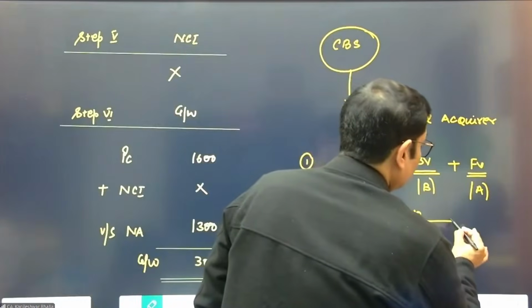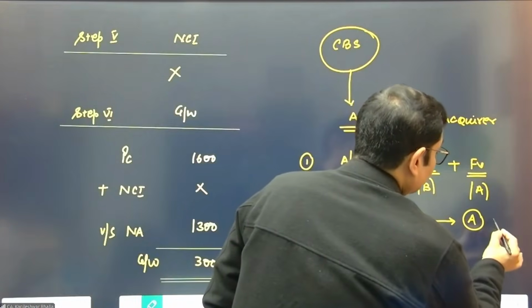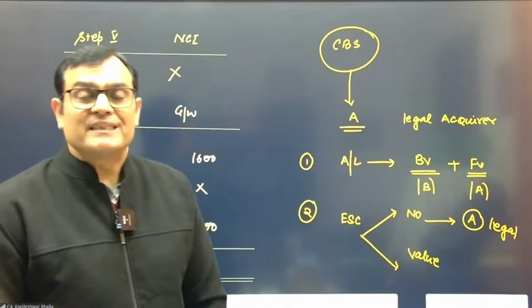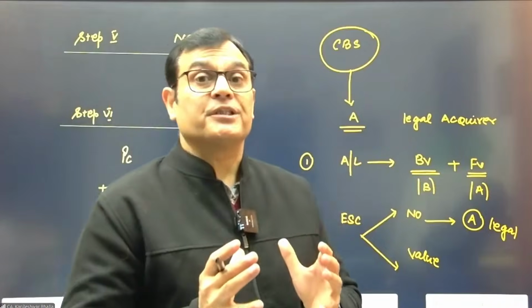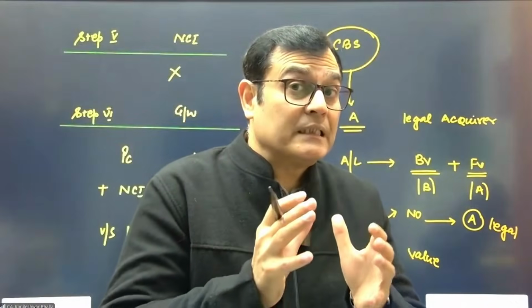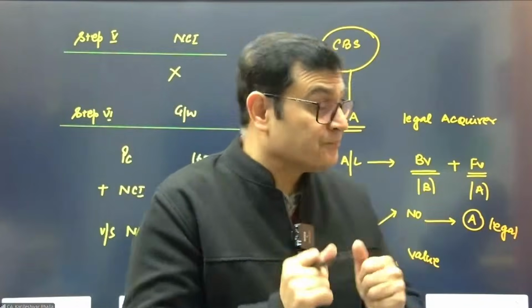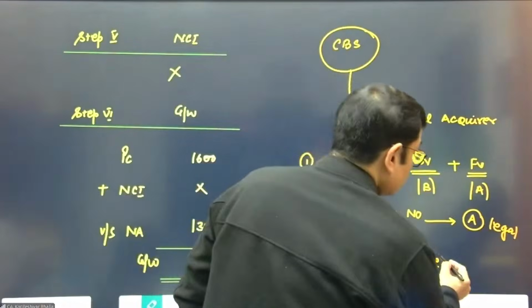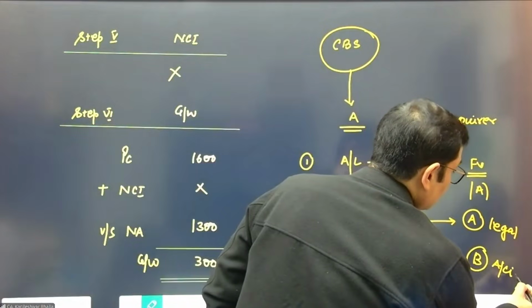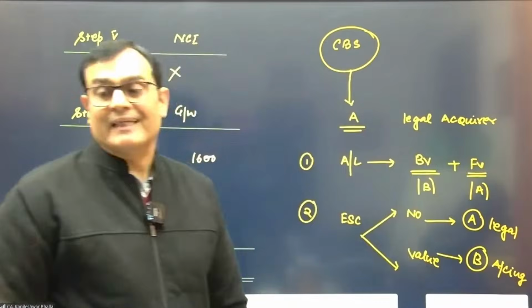The number will be based on A, that is the legal acquirer. The number of shares to be presented in the balance sheet is the shares from the point of view of the legal acquirer who is presenting the consolidated balance sheet. But as far as the value is concerned, this will be from the point of view of B, who is the accounting acquirer. That's it.